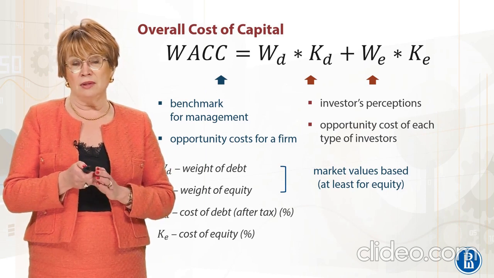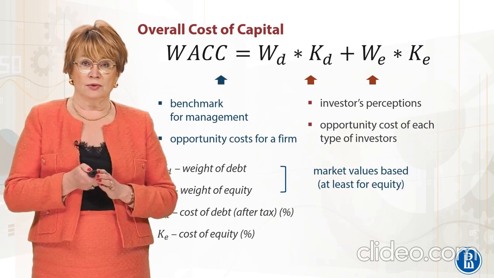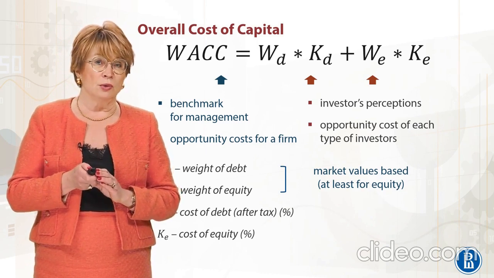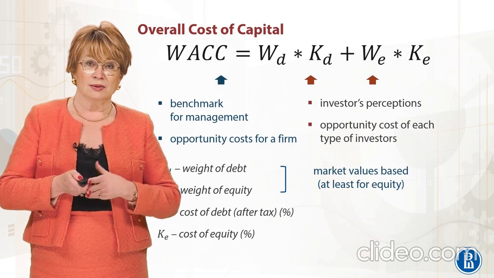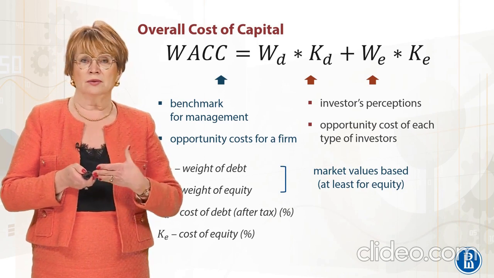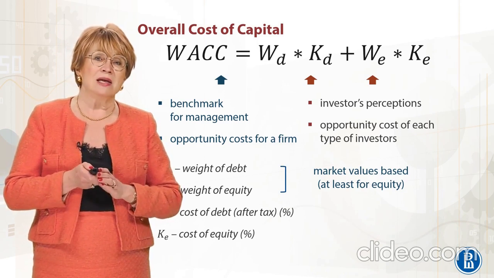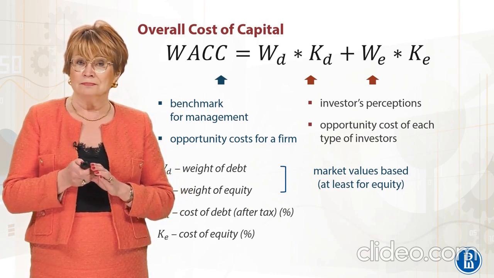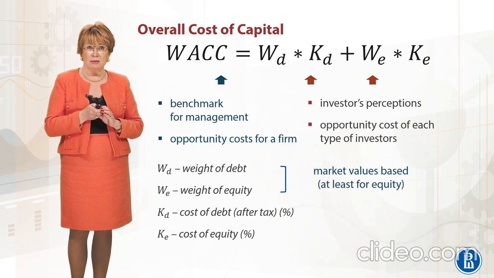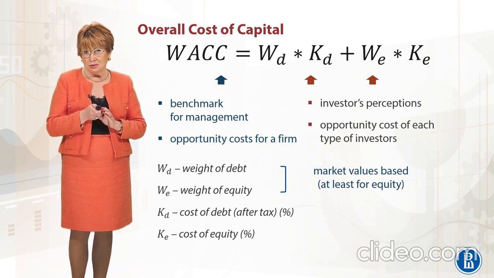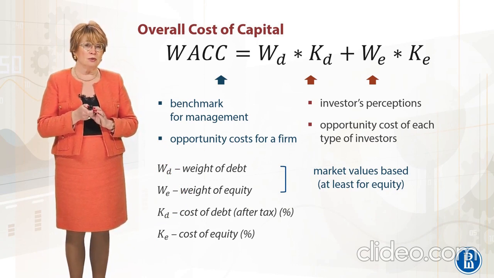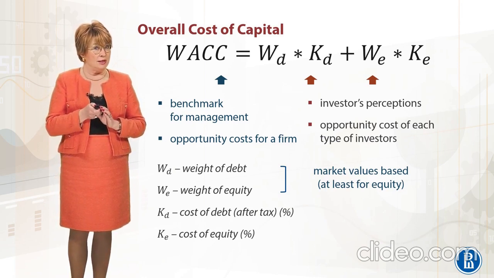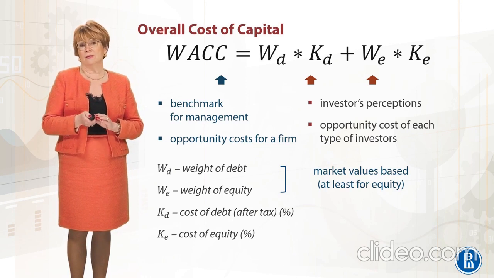And at the same time, this is the opportunity cost of capital for that particular firm. If that particular firm is going to invest, it must overcome that hurdle rate. It must at least produce the profit which, when we compare the profit to the capital, will give us the return on capital. The return on capital should be at least equal to the WACC, the weighted average cost of capital of the company.